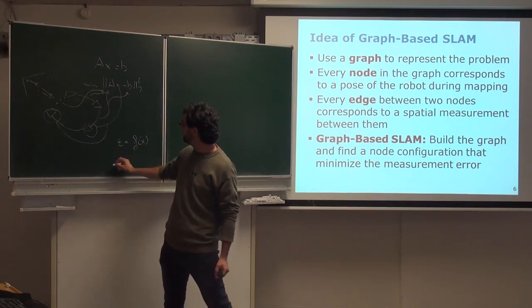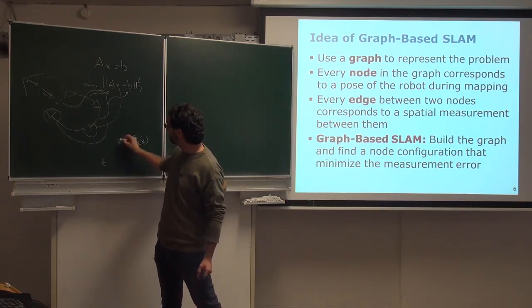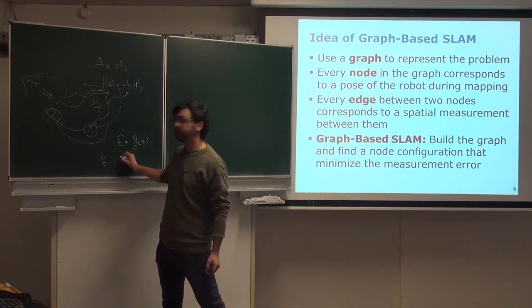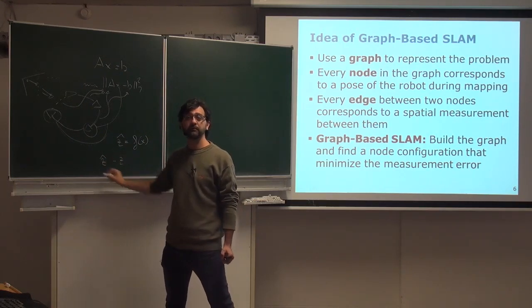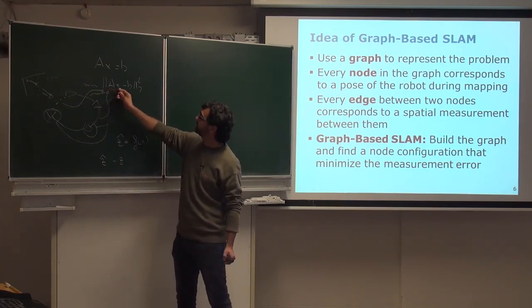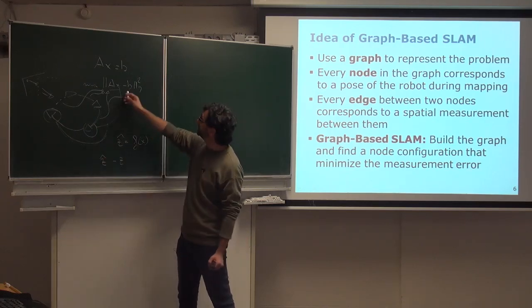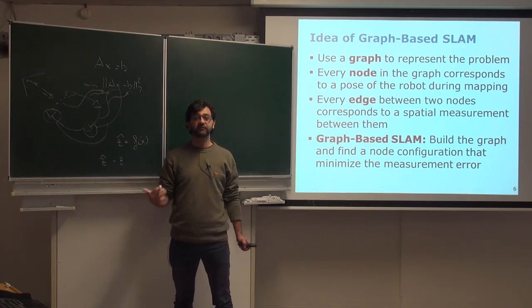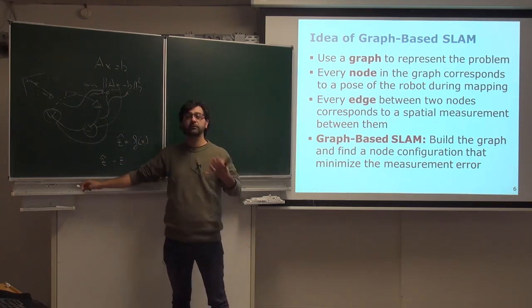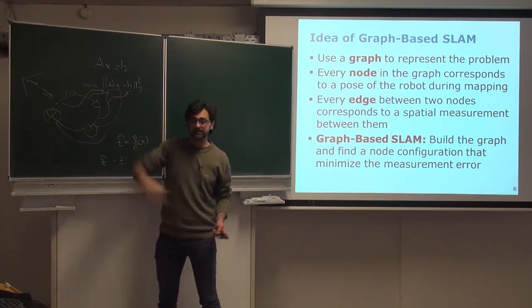And a measurement is something that says, I can predict it from here, and then I have my real measurement from the sensor, and I try to minimize that. So that's what we are trying to do here. We have this part here that predicts the measurement value from the state space. This part here is the measurement that we obtain from our sensor directly, and we try to minimize the error of the measurements. How do we connect this to that? We'll see in the next slides.